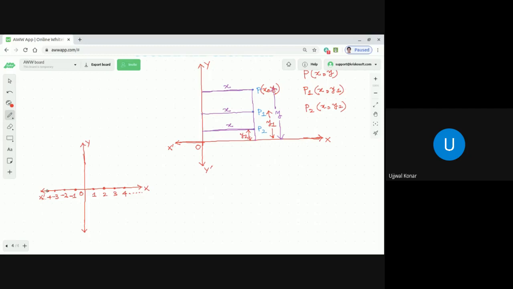In the same manner, above the x-axis, on the y-axis portion, we give equal distances as 1, 2, 3, 4, and so on. Similarly, below the x-axis, the portion of the y-axis is given as -1, -2, -3, -4, and so on. This is called y dash.